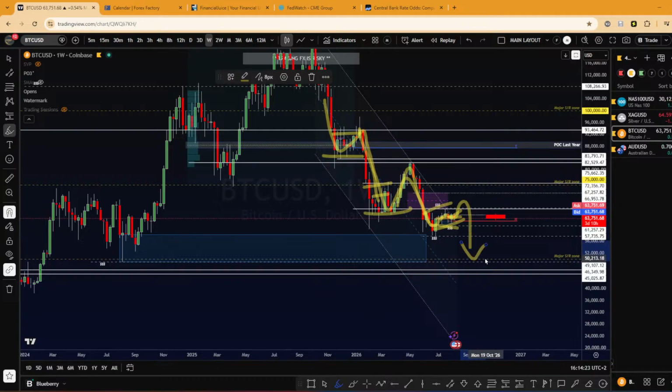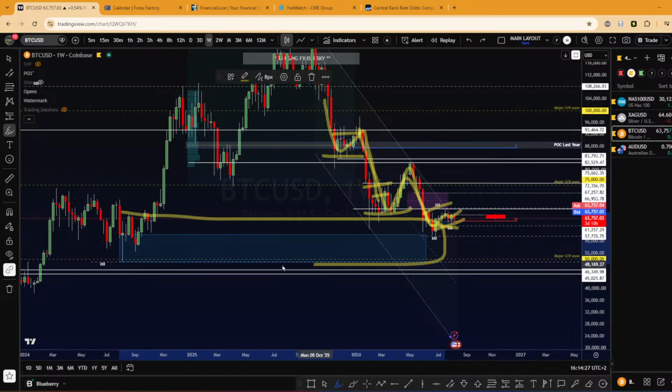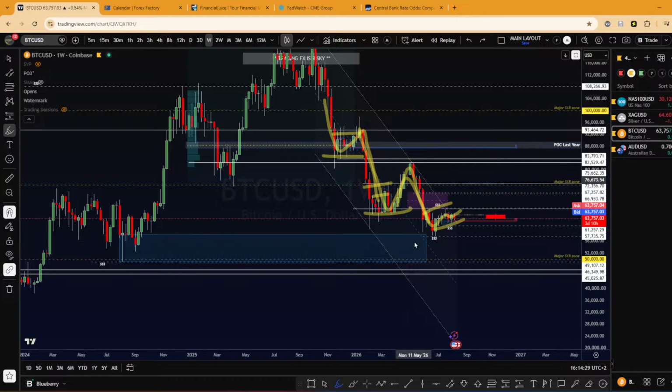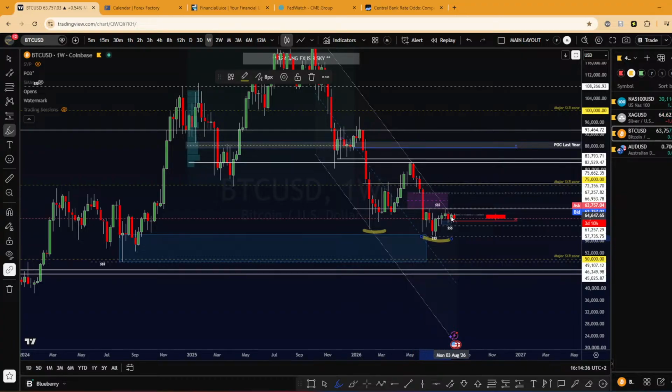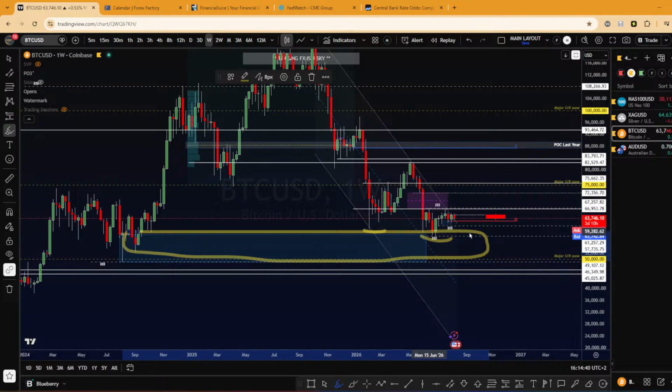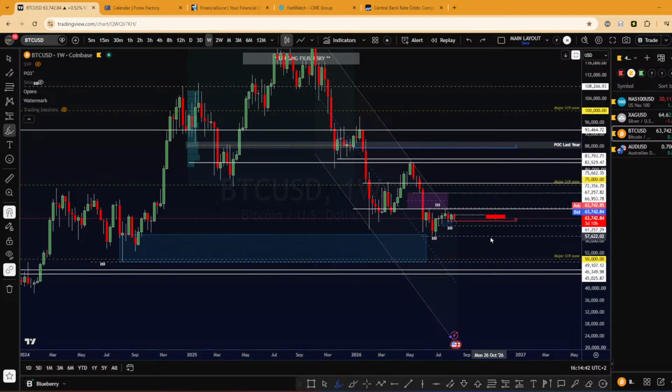This is pretty much what I am saying right now. So this level will not hold, I think, because we already tested it many times. We tested once, twice. The more we test the level, the weaker this level will be. That's why I think we could have something like this.